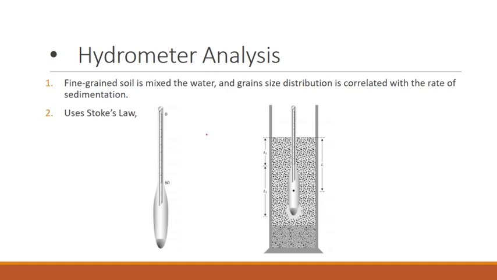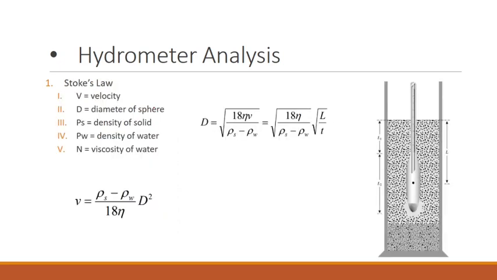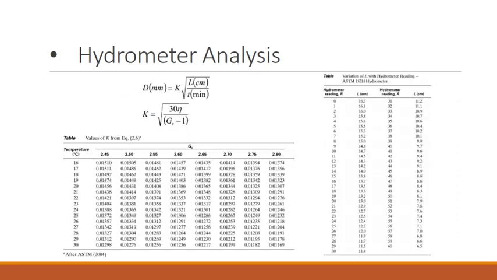Another test is hydrometer analysis. Fine-grained soil is mixed with water, and the grain size distribution is correlated with the rate of sedimentation. We will use Stokes' law. We have some very important equations and formulas that represent them.